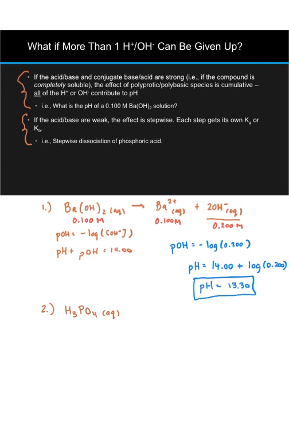For a weak acid or a weak base, we'll think about each H plus or production of OH minus happening stepwise. The very first thing, in other words, that phosphoric acid will do is lose its first proton. This leaves behind the conjugate base H2PO4 minus dihydrogen phosphate.